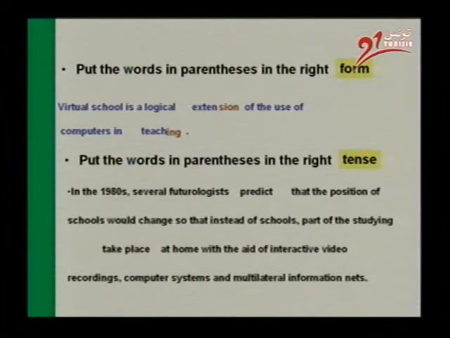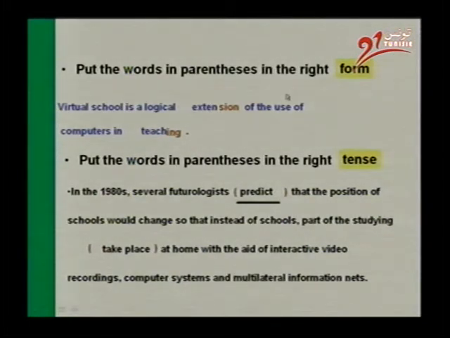Now, in this question, you have to put the words in parentheses in the right tense. This is another activity. In the 1980s, several futurologists, and the verb is to predict, that the position of schools would change so that instead of schools, part of the studying, and the second verb is to take place, at home with the aid of interactive video recordings, computer systems, and multilateral information nets.